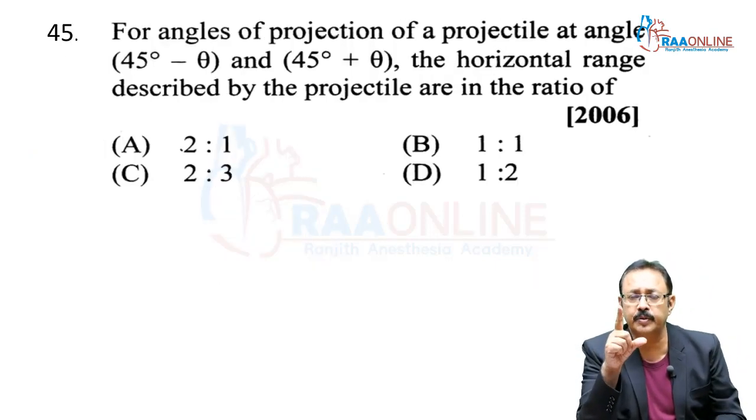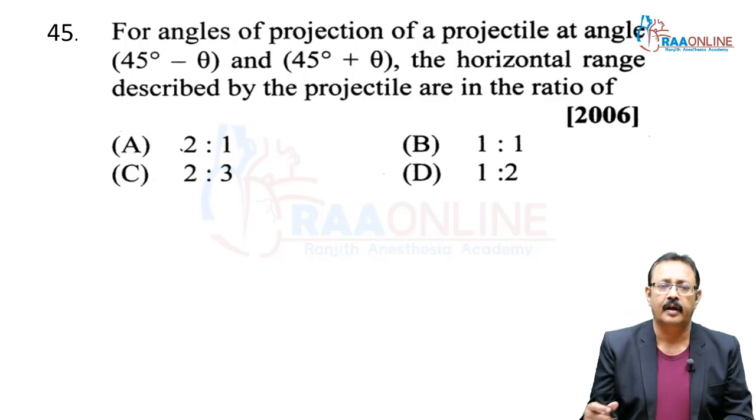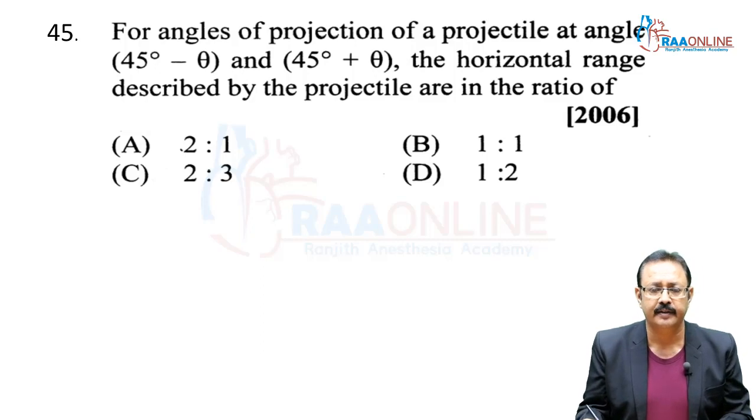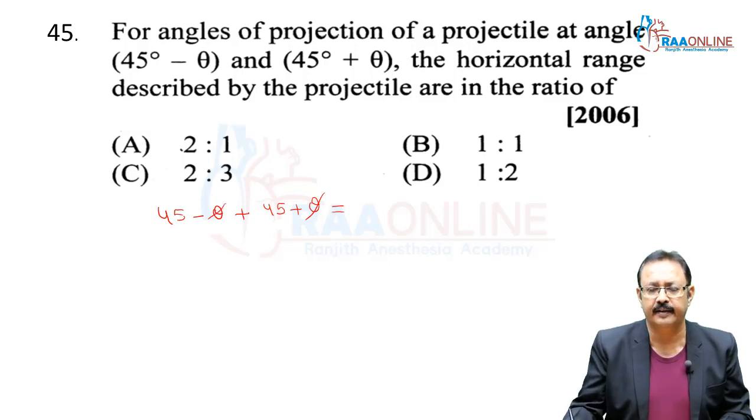This concept we are using 4-5 times we saw. 2 times same problem they gave. Angle of projection of a projectile at an angle 45 minus theta and 45 plus theta. The horizontal range described by the projectile are in the ratio of, again we are seeing that sum of these two angles is 90 degree.